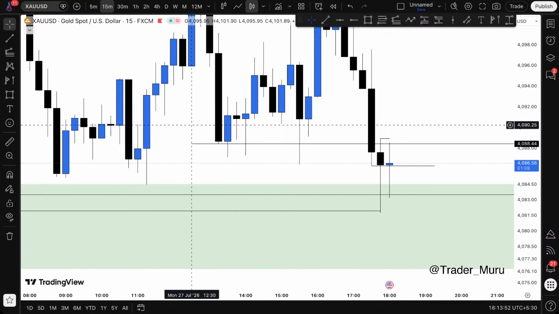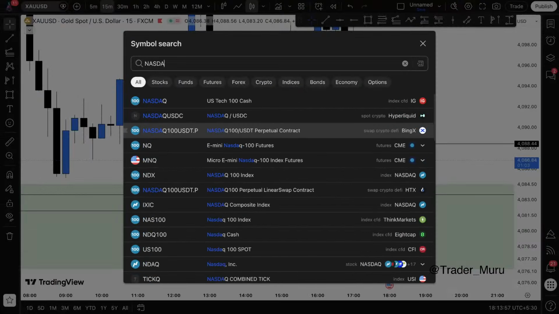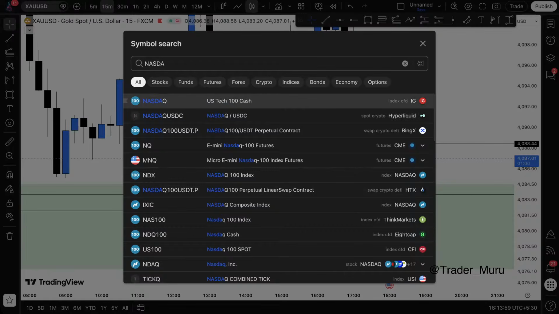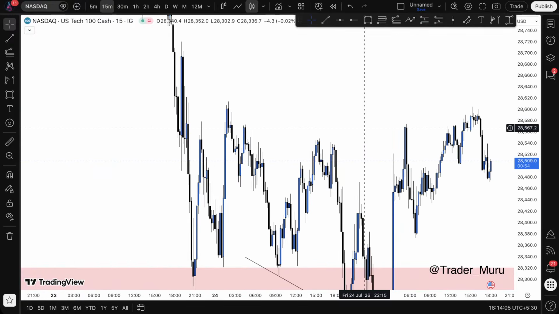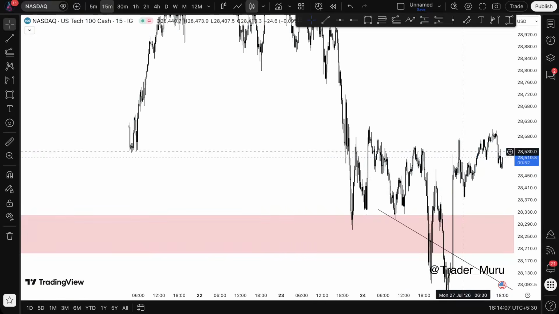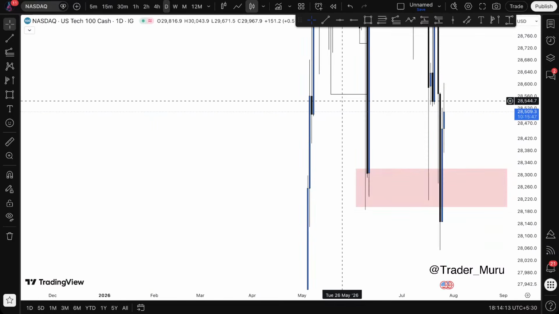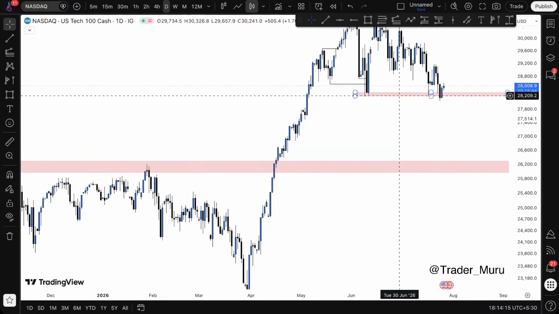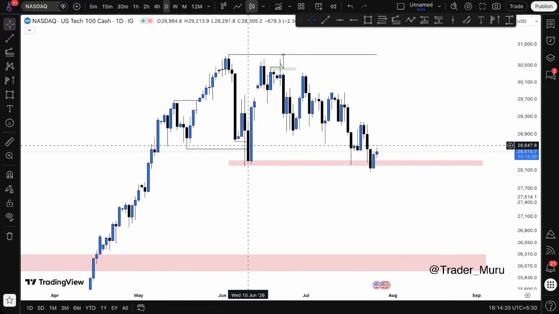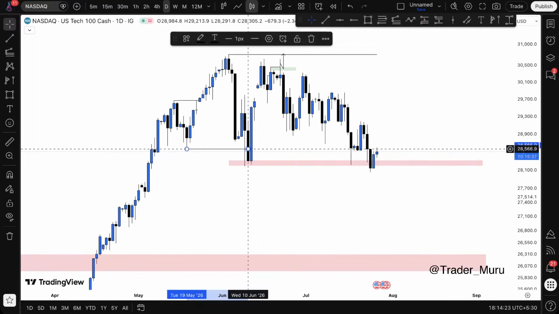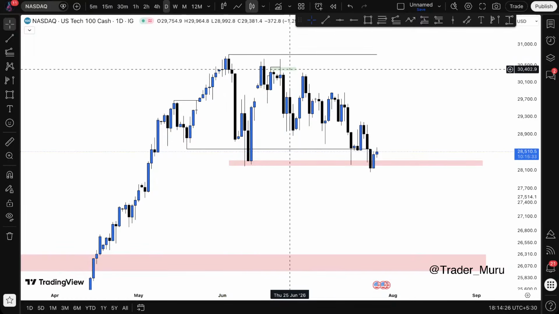Nasdaq. Okay, let's see. 1 day. We have a change of character here in the daily time frame.